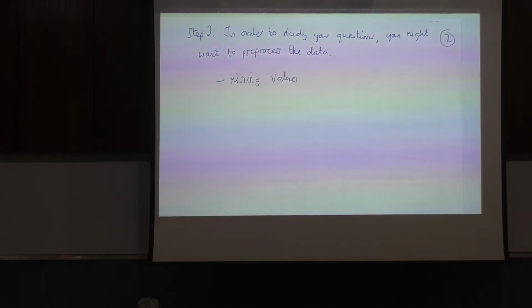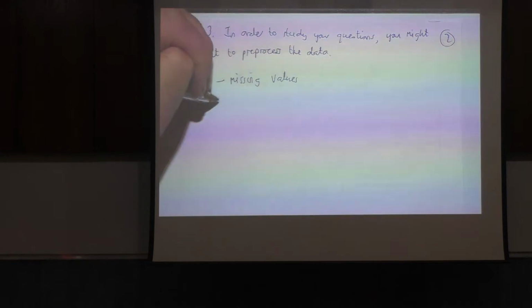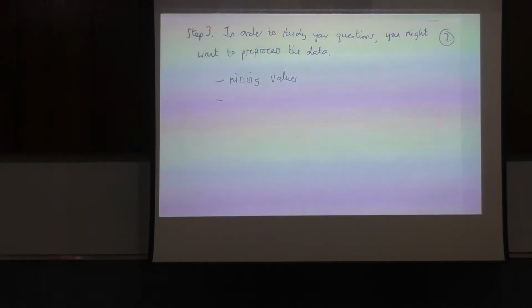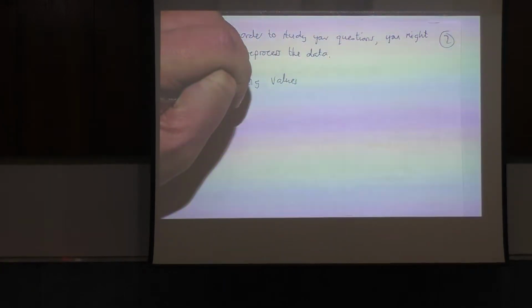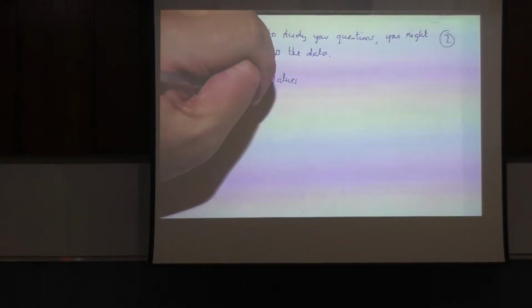Are you filling in these missing values? Are you ignoring those for some purposes and not others? So there are various things here that you should say. You may want to clean your data. And here again, you didn't really need to do any of this either.